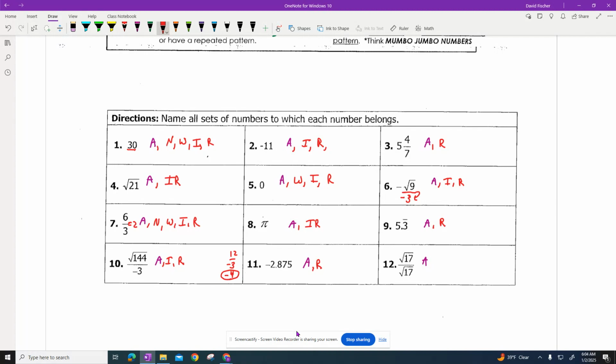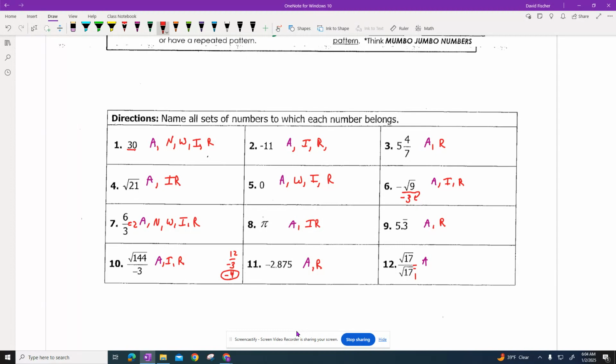Rational number. I don't care what the square root of 17 is, but if I have the square root of 17 divided by the square root of 17, any number divided by itself is just 1. Okay, so this whole thing here is really 1.